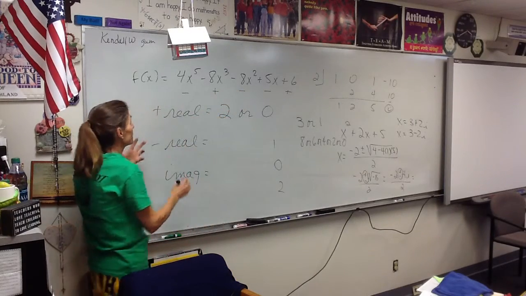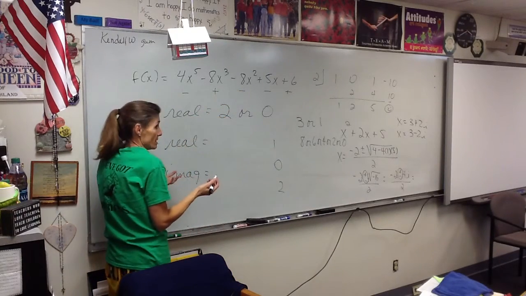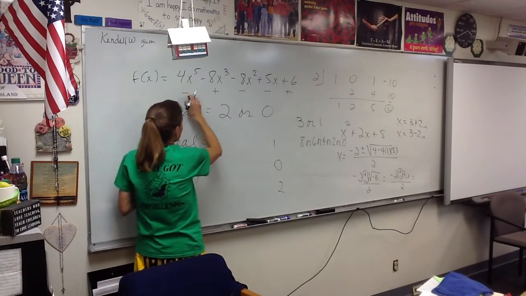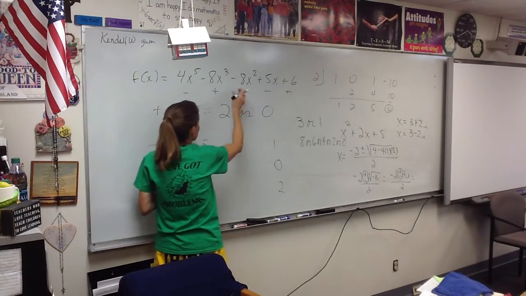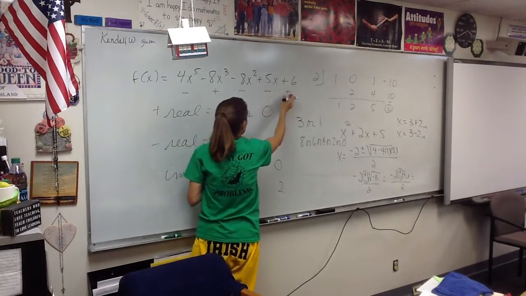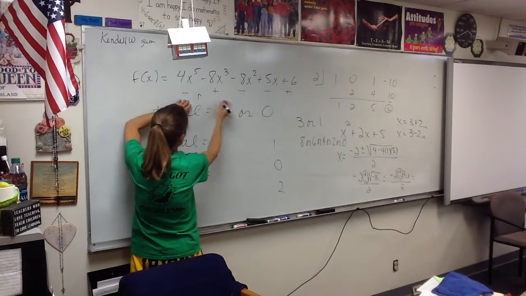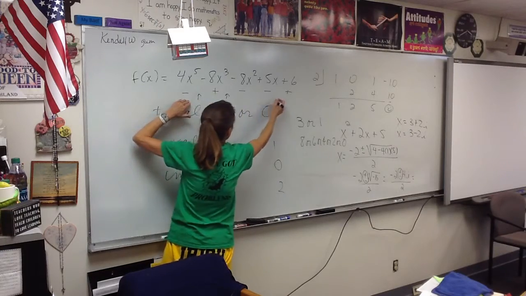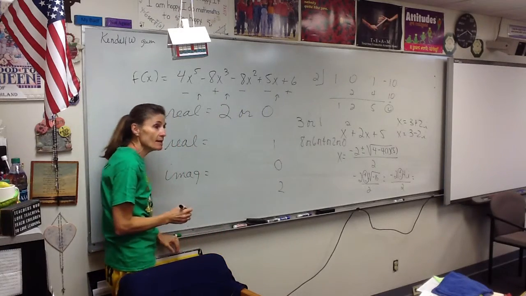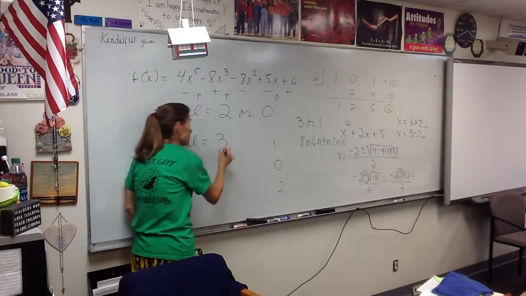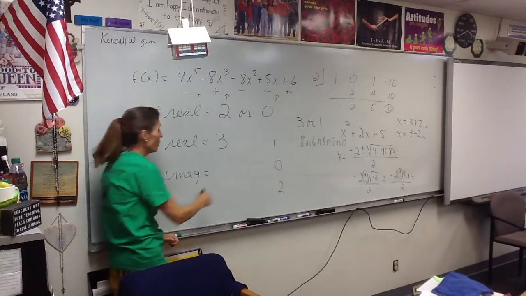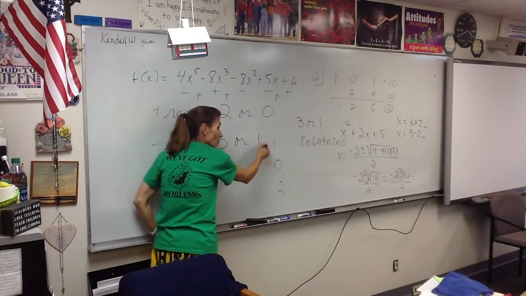So just think about putting in a negative number like negative 1. This term would be negative, this one positive, negative, negative, positive. Now how many times do we change? 1, 2, 3.